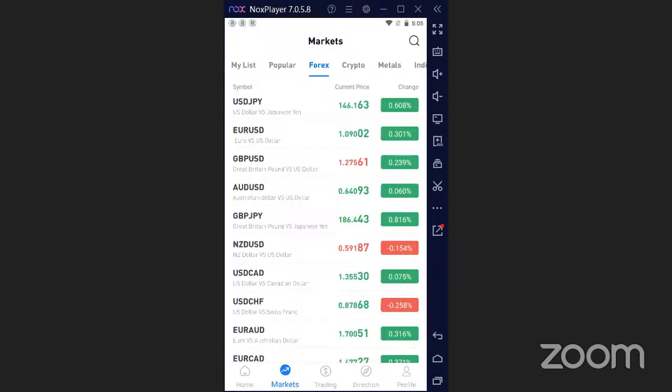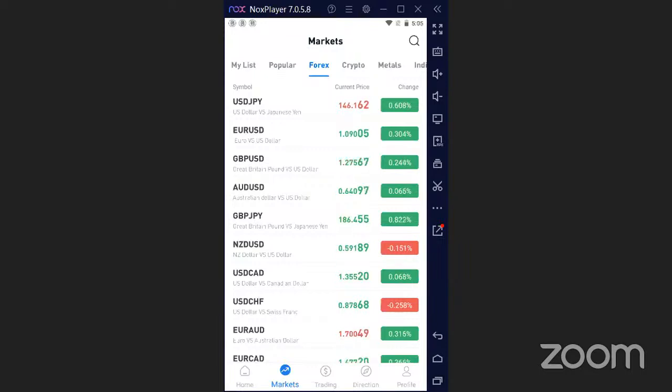Now you as a trader, how do we make money from this forex? We make money from forex basically by speculating on one currency pair against another. So we are saying, this currency is going to go up, this currency is going to come down.